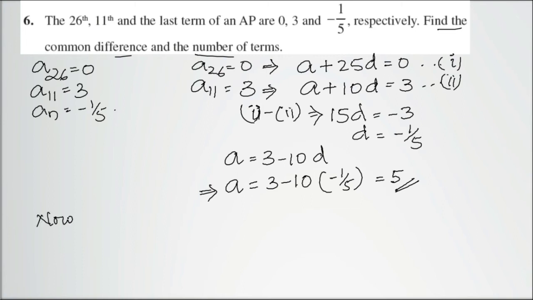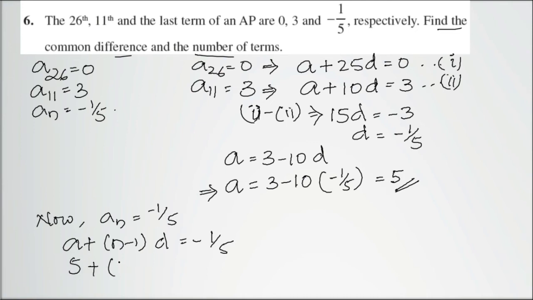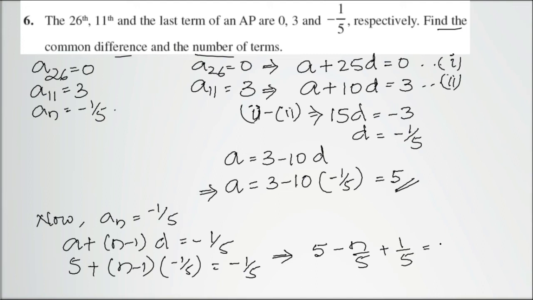Now let us take An equal to minus 1 by 5. Use the formula A plus n minus 1 into D equal to negative 1 by 5. Substitute 5 plus n minus 1 into D value, which is again minus 1 by 5, equal to minus 1 by 5. We get 5 minus n by 5 plus 1 by 5 equal to minus 1 by 5.